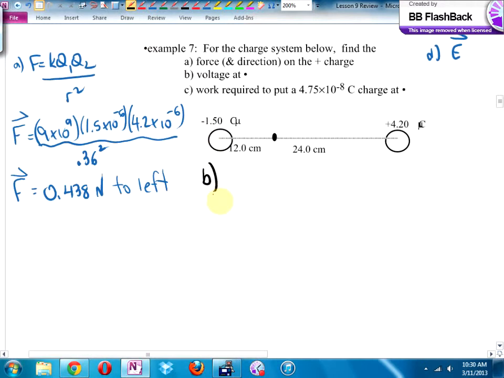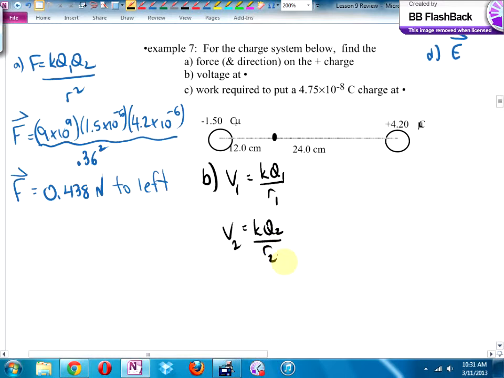B says, find the voltage at the dot. How many charges are there in this question? How many voltages are there in this question? 2. I'm going to find the voltage from charge 1. I'm going to find the voltage from charge 2. Both of these are going to be K Q1 over R1, K Q2 over R2.